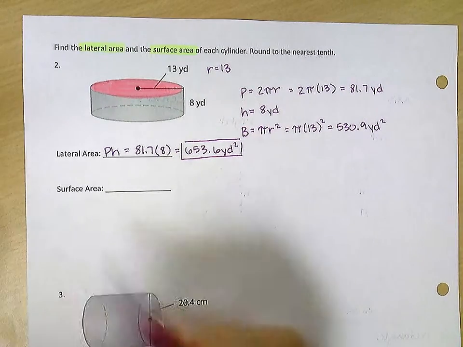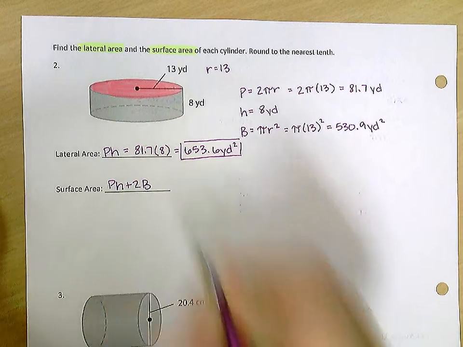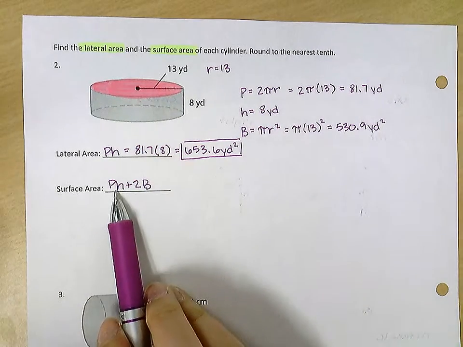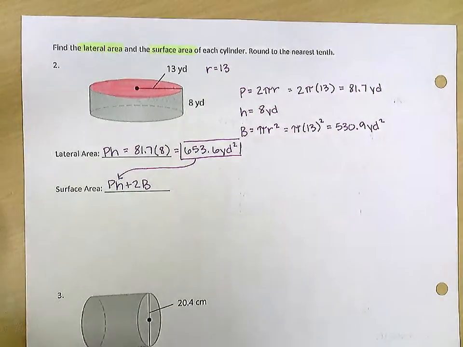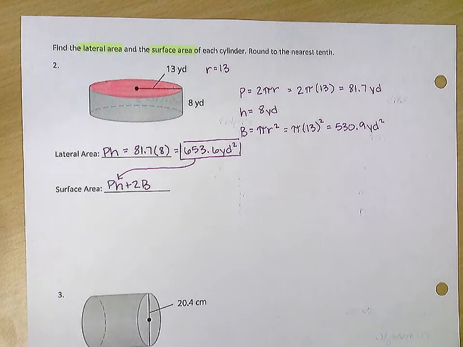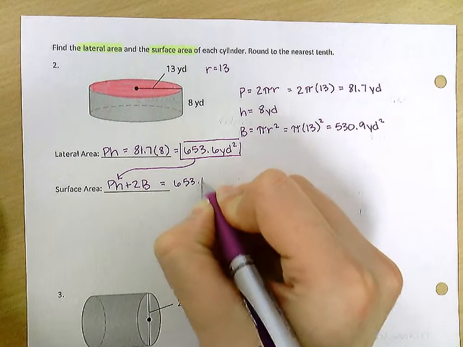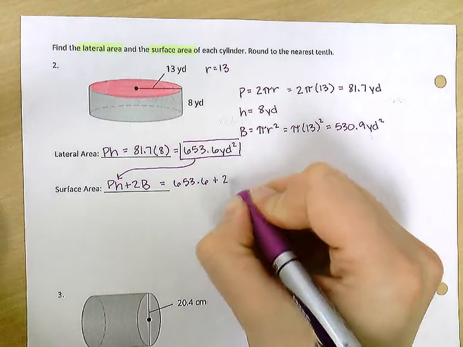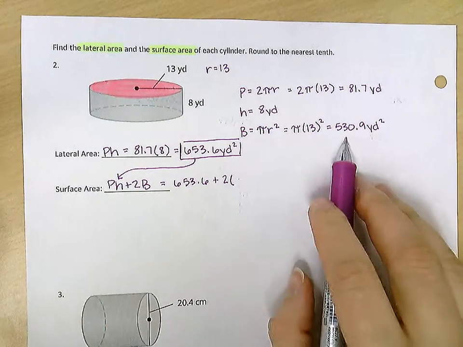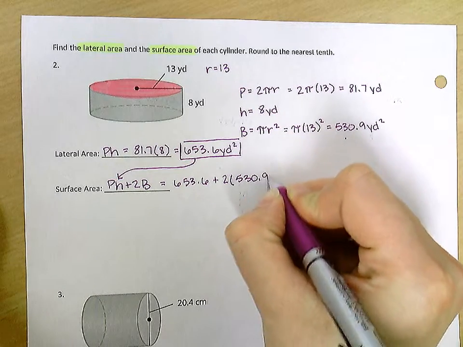Then surface area, that formula is P times H plus 2B. So since I already found P times H, I can plug that value in for pH. So I would have 653.6 plus 2 times capital B, which I found to be 530.9.